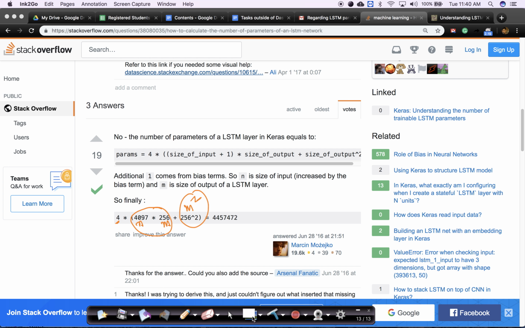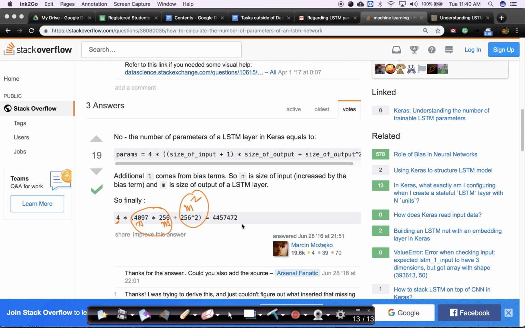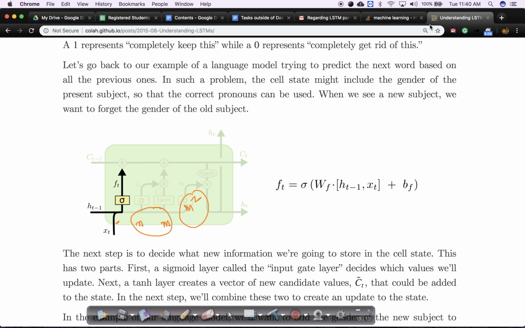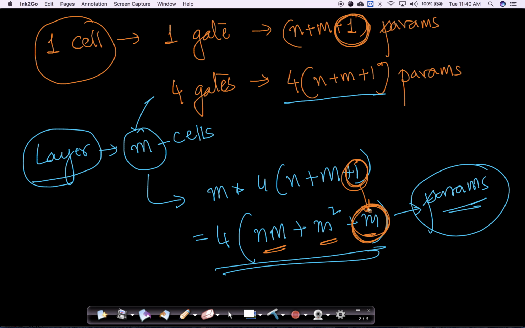But here you might ask, why don't we see this m here? That's because here we have bias terms in our formulation. If the bias term is present, then you will have this plus m. This is very important: this term will exist if and only if there are bias terms in your equation.